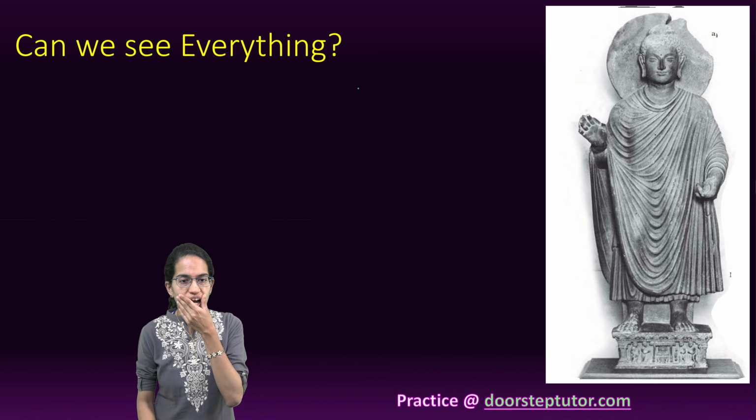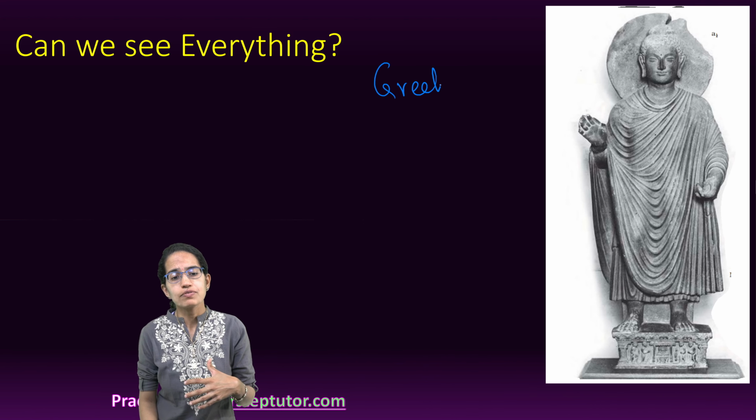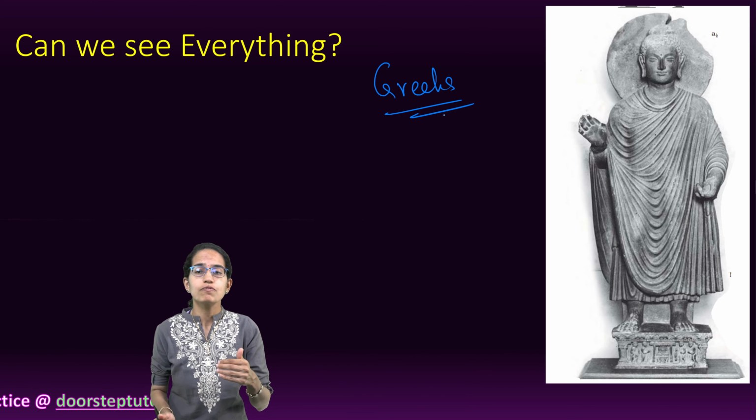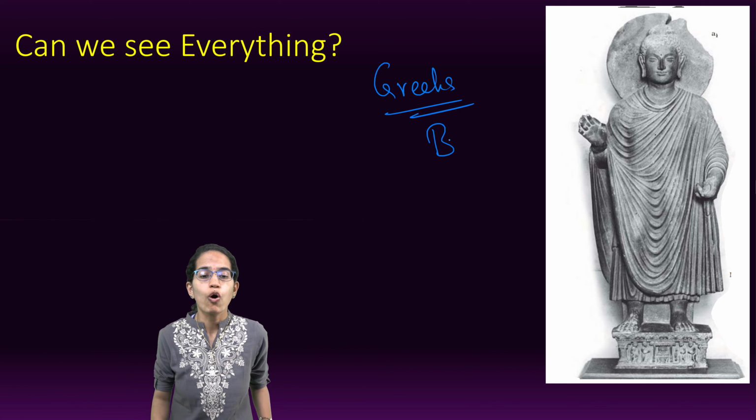Now the Greeks, actually the Indo-Greek rulers, believed that Indian architecture was inferior to the Greek, except for the art they saw from Buddha.